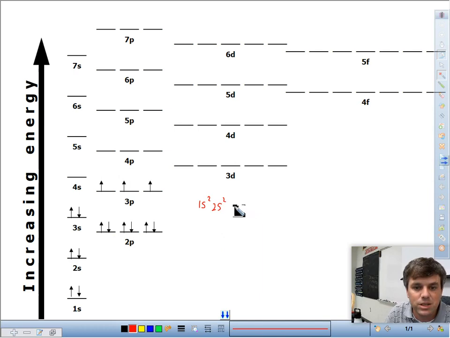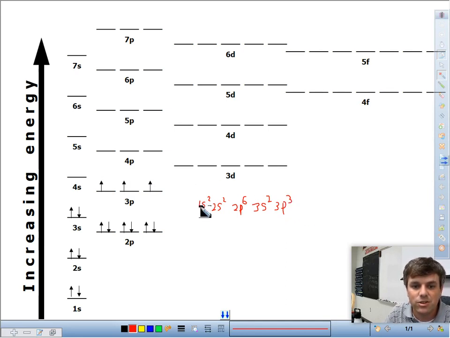And then we have our 2p sublevel, so we would go 2p, and there are 6 electrons there. Then we go to 3s, and there are 2 electrons, so it's 3s2. And then we go to 3p, and there are 3 electrons, so 3p3.